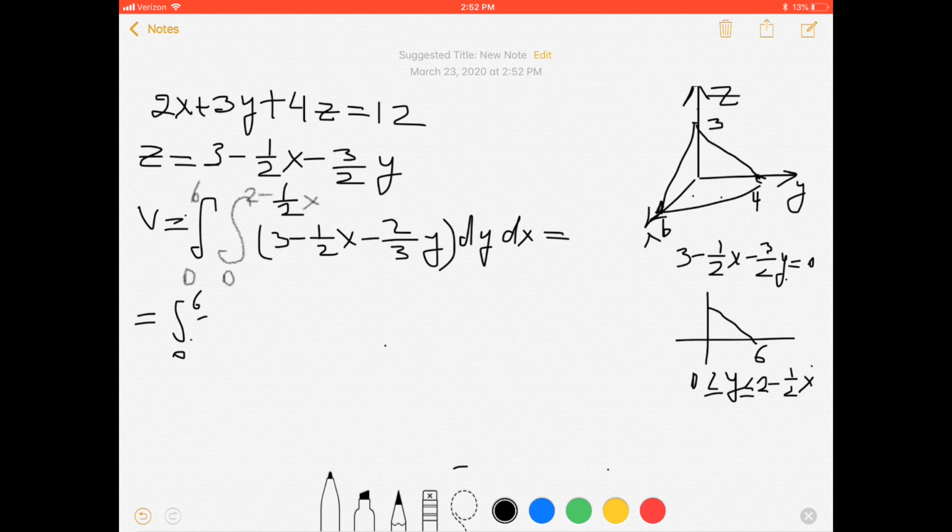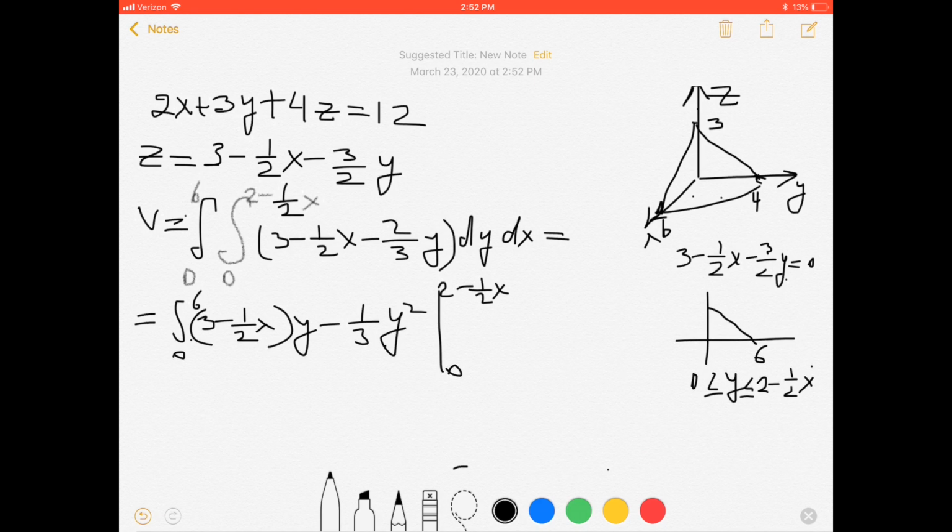The 3 minus half x will be like a coefficient, this means it is only multiplied by y. Here we have minus 1/3 y squared, y from 0 to 2 minus half of x.